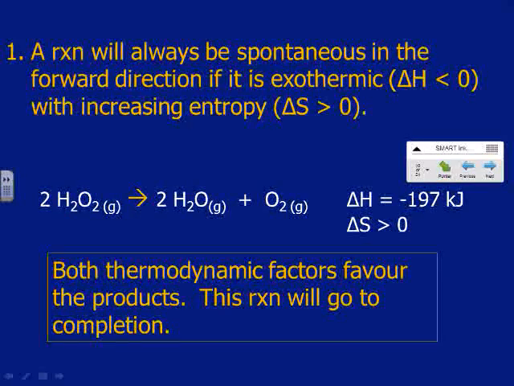If we were to put check marks where the universe likes it, the universe likes this, but the universe doesn't like that. And the universe likes this because it likes chaos, but the universe does not like that. So the universe likes this and likes this, always spontaneous. All right?